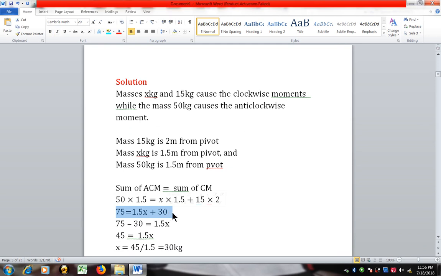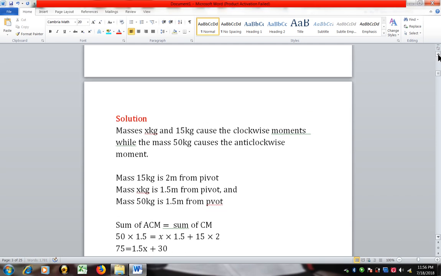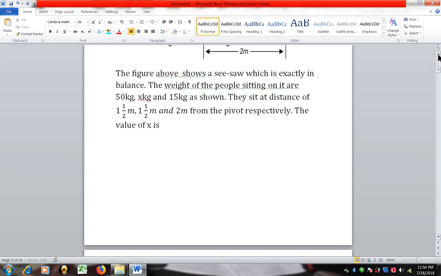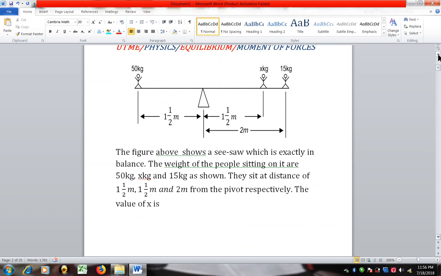To find x, we have 75 minus 30 equal to 1.5x, which means 45 is equal to 1.5x. Dividing both sides by 1.5, we have x equal to 45 over 1.5, which is 30 kilogram. So mass x is 30 kilogram. That's the calculation that we have done.